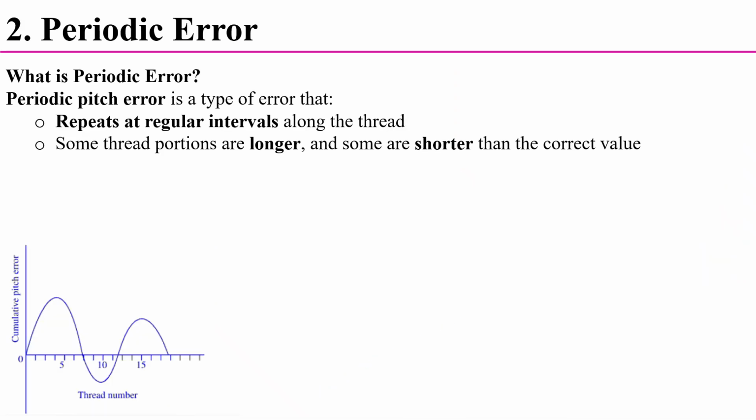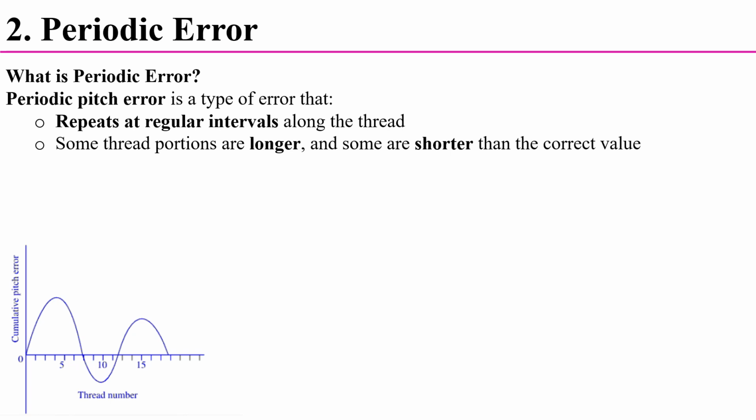Next we will discuss another pitch error, that is the periodic error. So what is the periodic error? This is a type of error which repeats at regular intervals along the thread, and some thread portions are longer and some thread portions are shorter than the correct value.